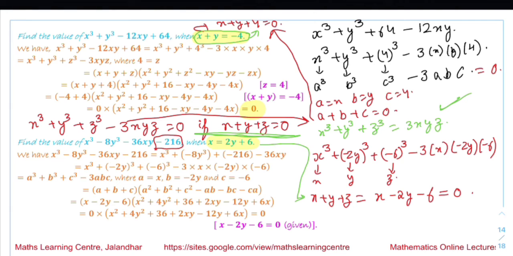So we are saying what this expression means. This means we are talking about x − 2y − 6 is equal to 0.